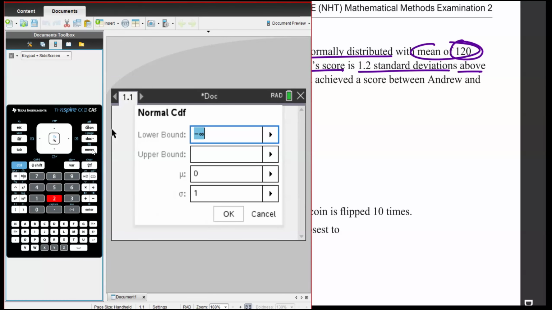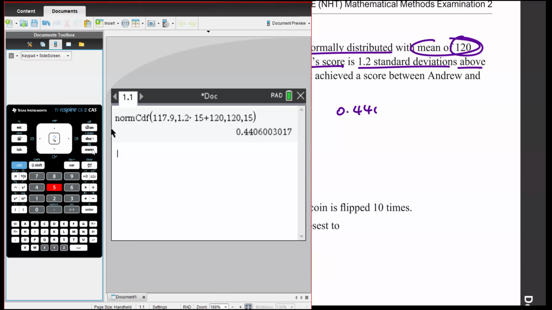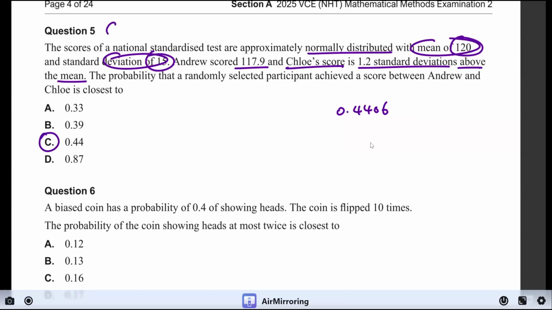Lower bound is Andrew's score, 117.9. Upper bound is 1.2 times 15 plus 120. And the mean value is 120. Standard deviation is 15. Press OK. The answer is 0.4406. So it should be option C.